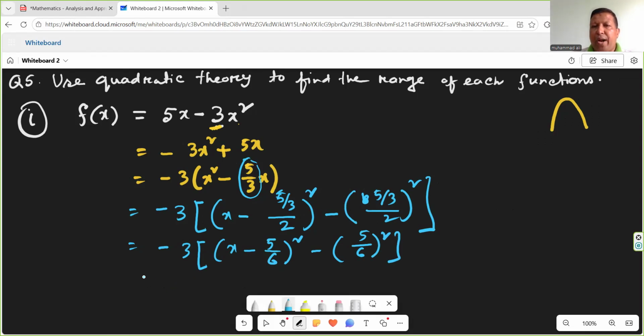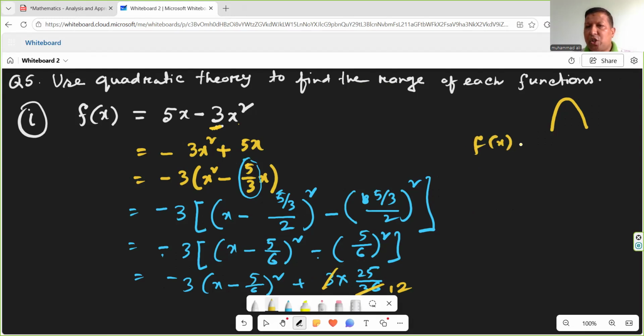So if we remove the bracket, it will be minus 3 (x minus 5/6) whole square, minus multiplied by minus is plus, 3 multiplied by 25/36. Now 3 and 36 cancel. So the function will be f(x) equals minus 3 (x minus 5/6) whole square plus 25/12.